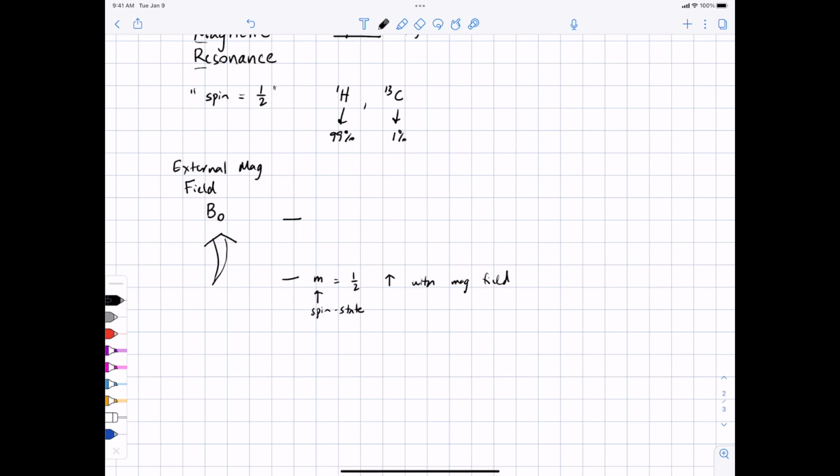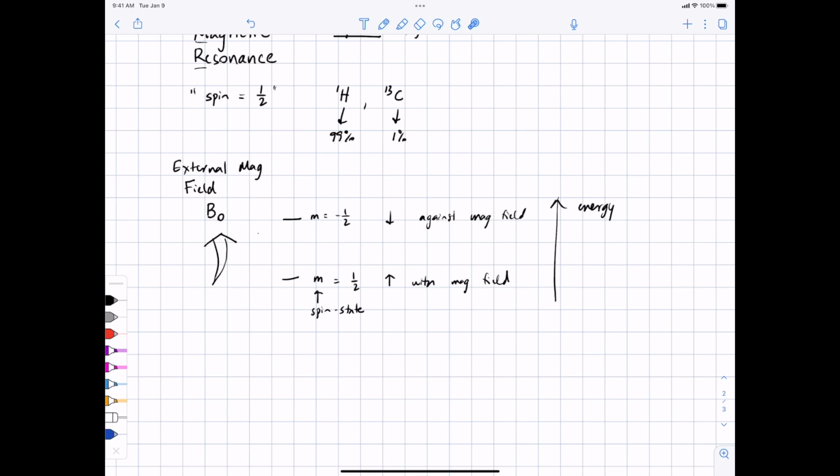And then the other that is allowed by the quantum mechanics is the spin -1/2, where you are aligned against the magnetic field. In other words, and on this axis, by the way, you're looking at energy. In the presence of an external magnetic field, there is a difference in energy between nuclei that are aligned with the magnetic field versus nuclei that are aligned against the magnetic field.